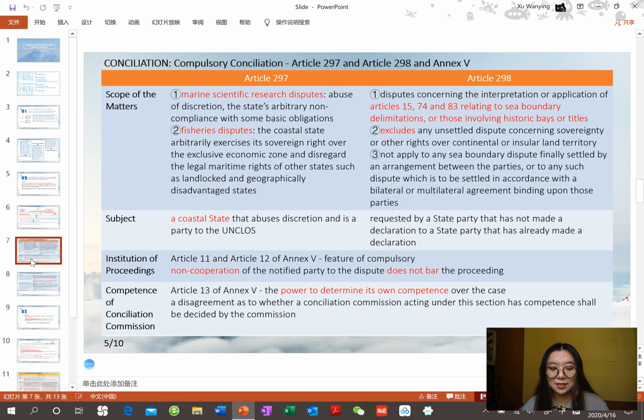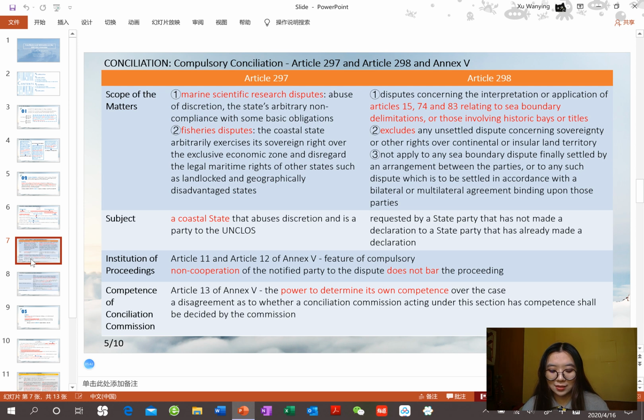Article 297 deals with marine scientific research disputes and fisheries disputes arising out of sovereign rights or jurisdiction. The dispute of applying compulsory conciliation involves a clear abuse of discretion, that is, the state's arbitrary non-compliance with some basic obligations provided by the Convention.